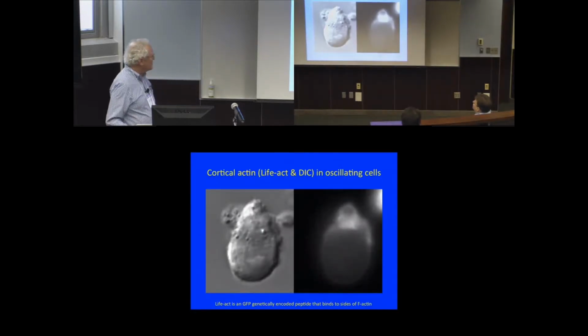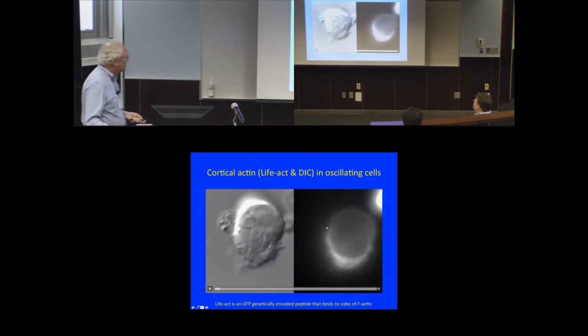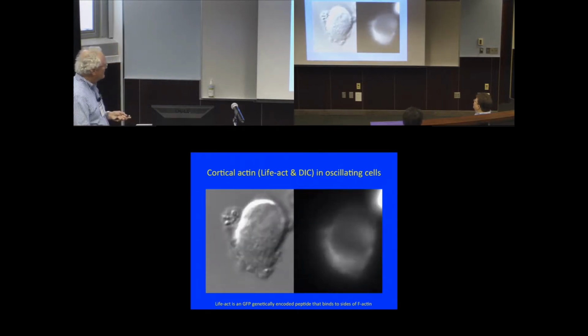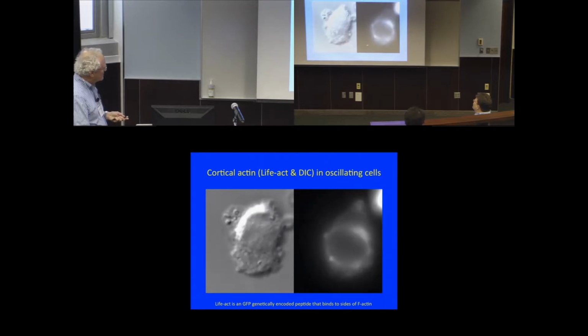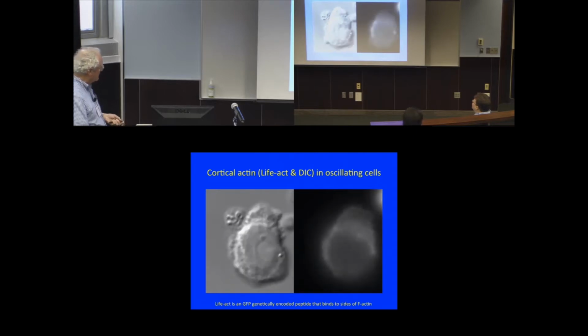So if we look at this in wide field microscopy, this is the DIC image. And this is now the image of the cortex using GFP LifeAct, which side binds to actin filaments. Then we can see the dynamics of the phenomenon. This is now in wide field microscopy, but I'll show you more in confocal in just a second, which makes it a little clearer.